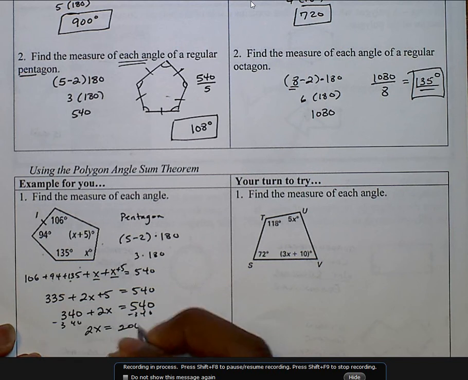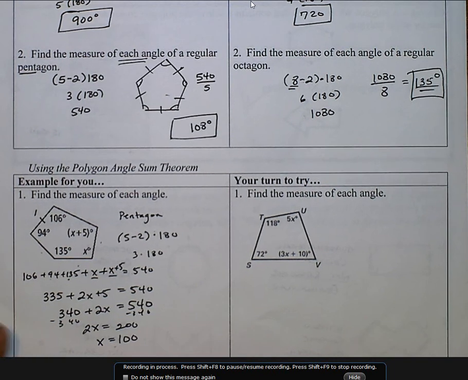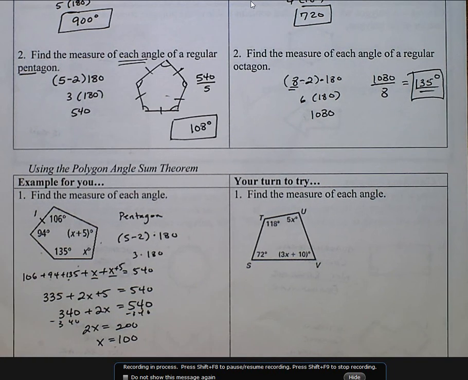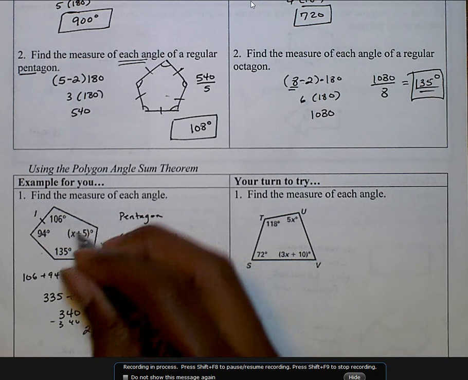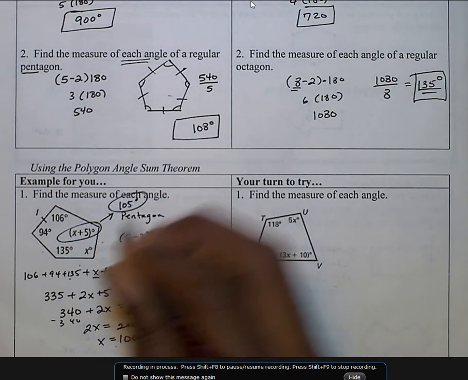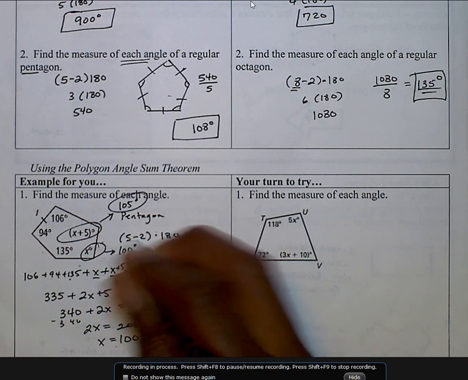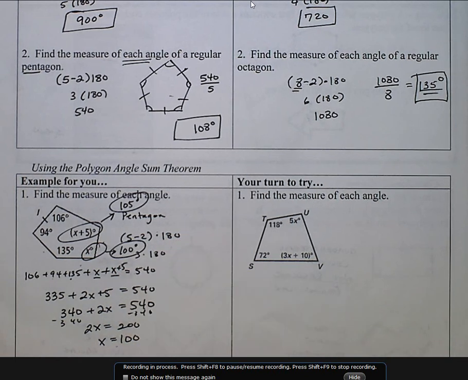That means x will equal 100. Not really answering the question because they said find the measure of each angle. This angle then would be 105 degrees. This angle would be 100 degrees. Right?